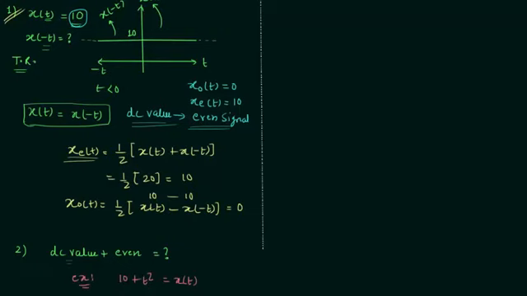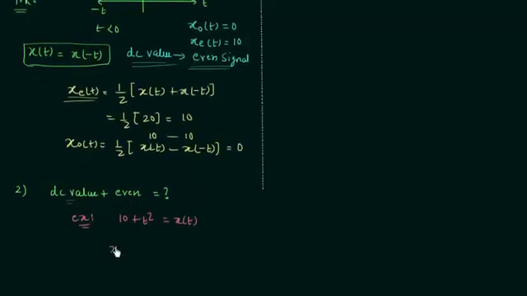When we perform the time reversal, this means when we obtain x minus t, then we have 10 plus minus t square. Minus t square is equal to t square, so we have 10 plus t square, which is similar to xt. So x minus t is equal to xt. So in this case DC plus even will produce an even signal.